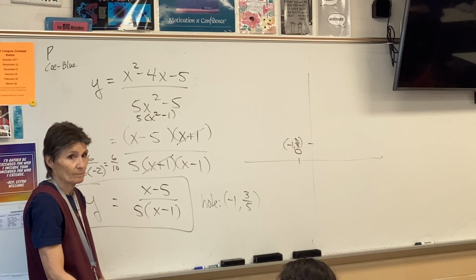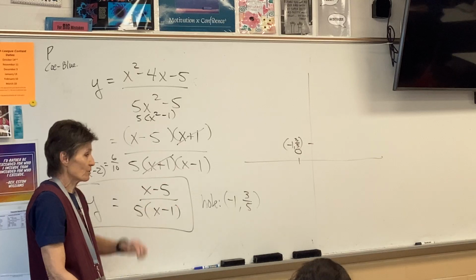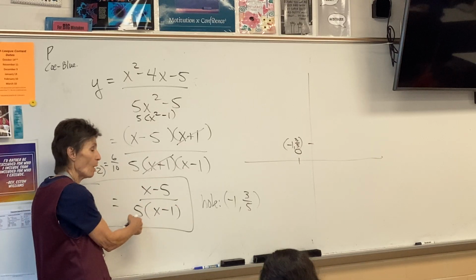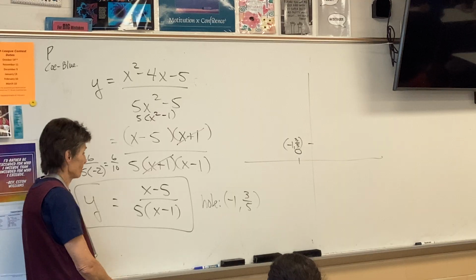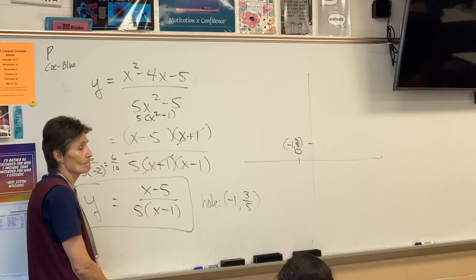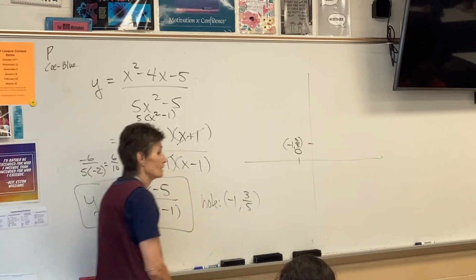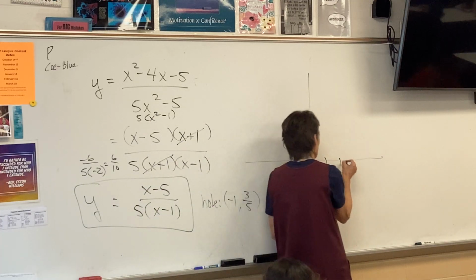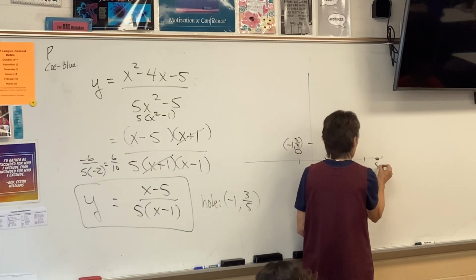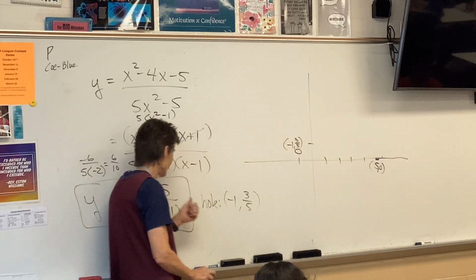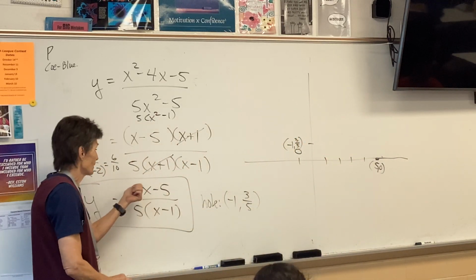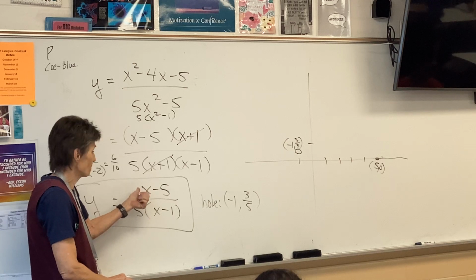Boys and girls? Good? All right, give me some other stuff. Here you go. This is where you are. Tell me what else I have. You're gonna have 5, a point on the x-axis called an x-intercept. I got one at 5. You are exactly right. That comes from the numerator.